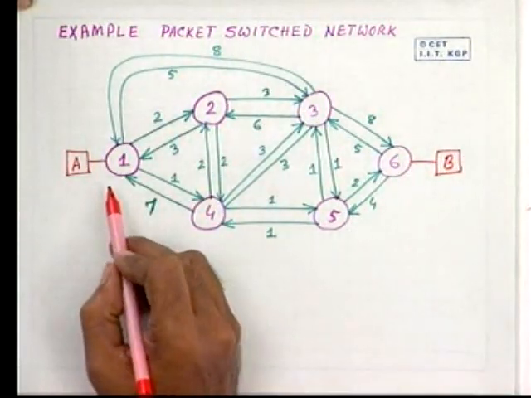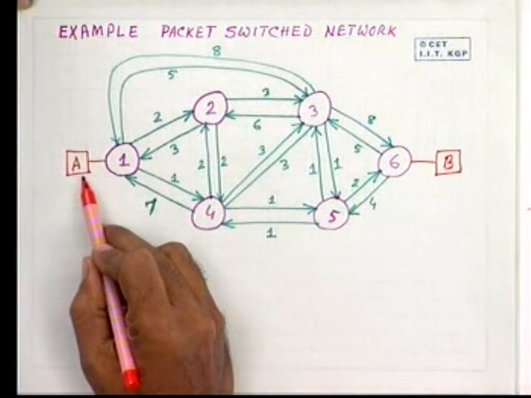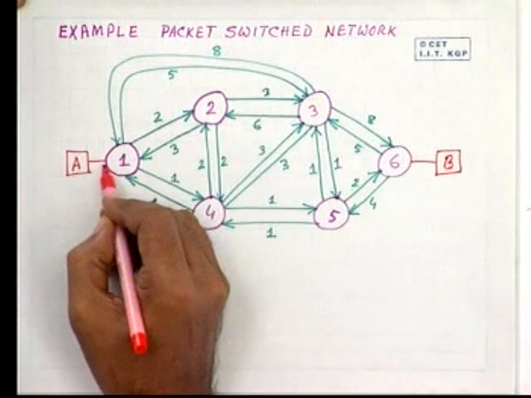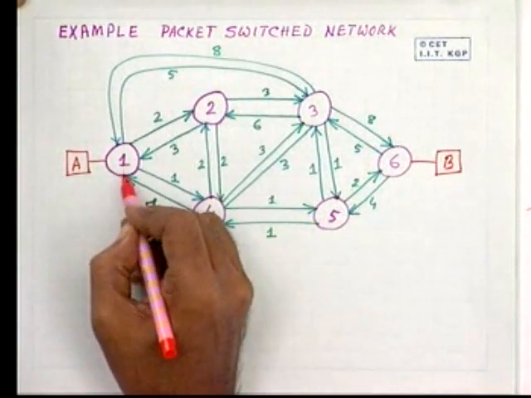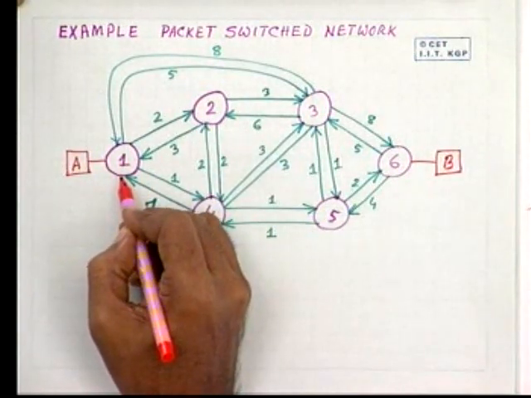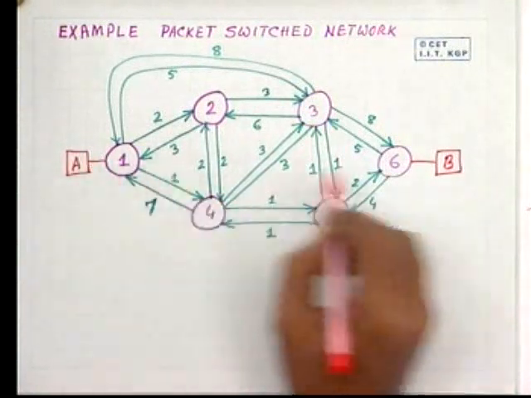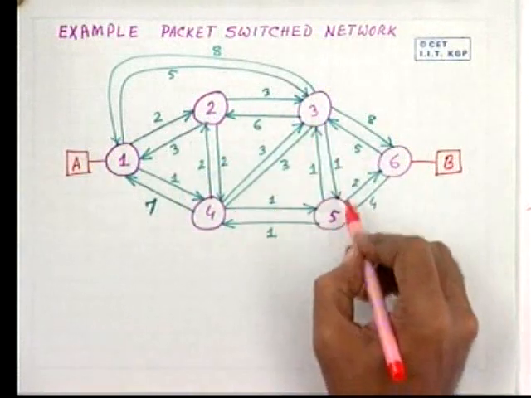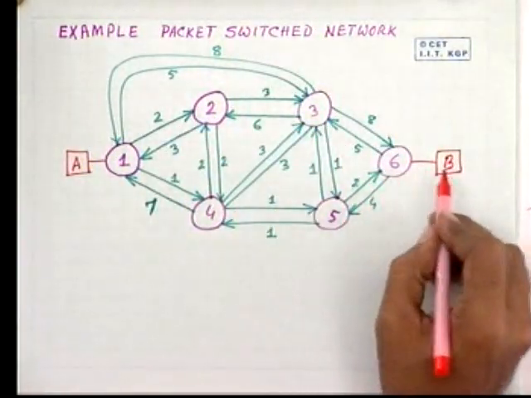Now, to send a packet from A to B, A sends it to the node to which it is attached. From A to B, the packet has to go through a number of nodes using multiple hops.